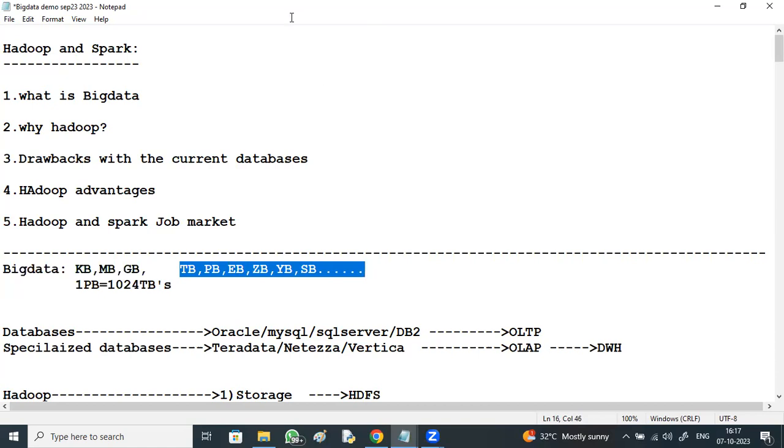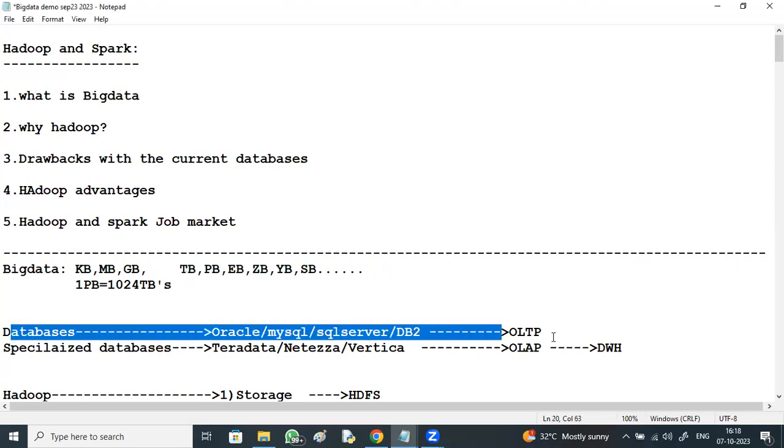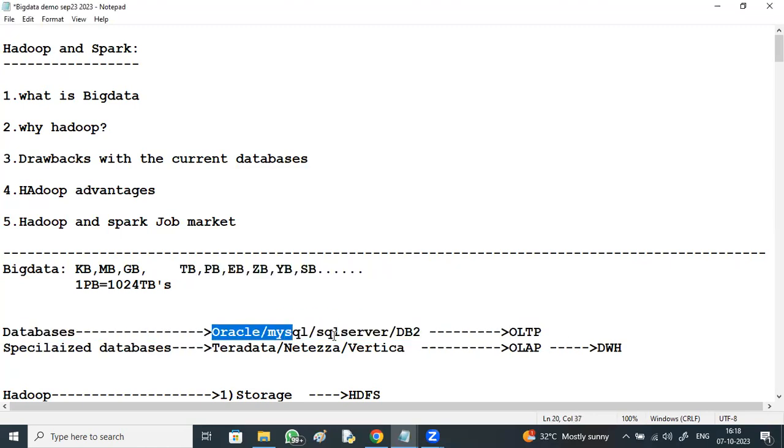Currently we have got databases for storing this data, like Oracle, MySQL, SQL Server, DB2.